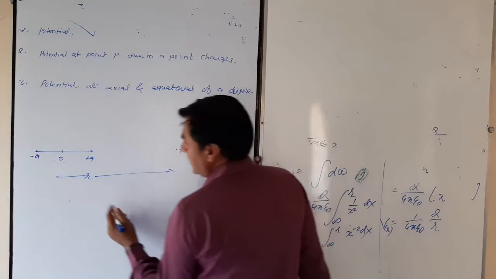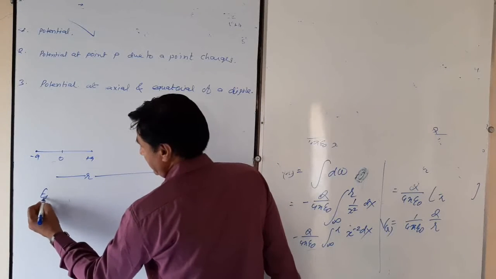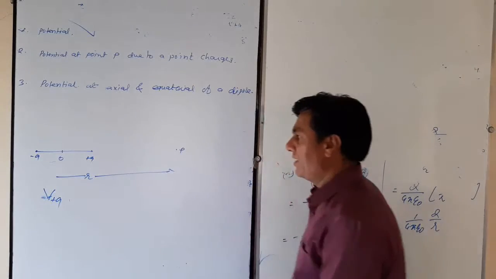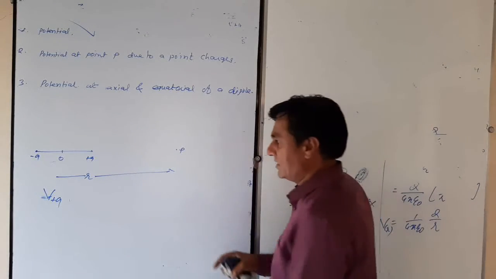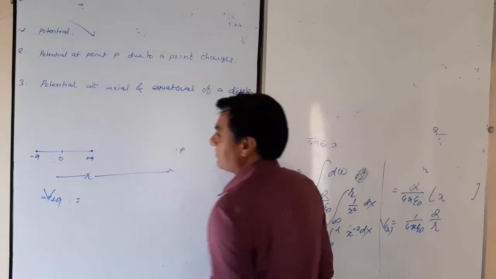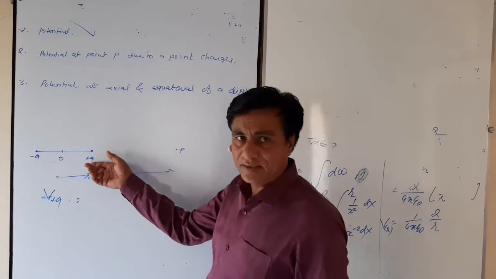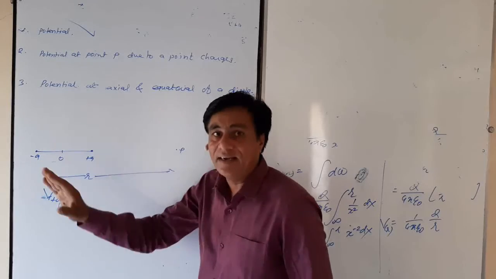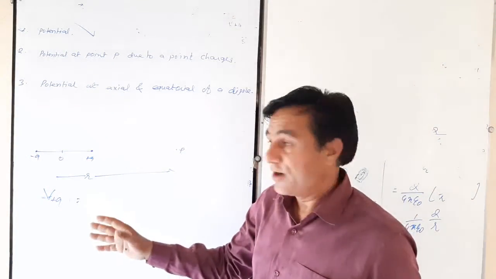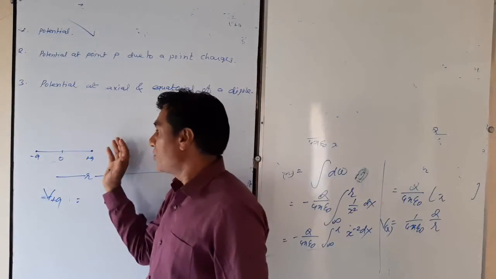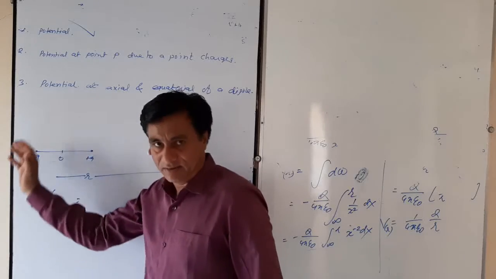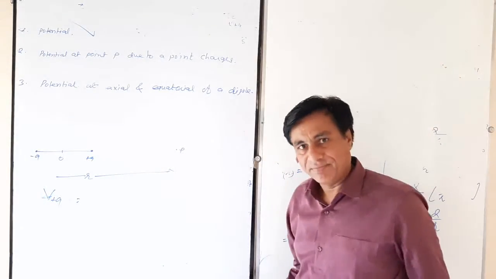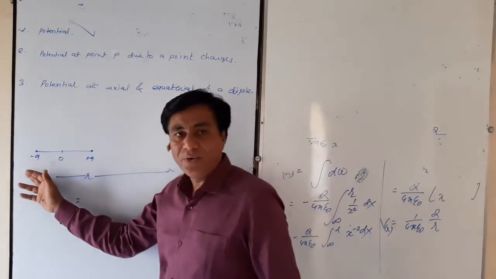Now electric potential V at point P due to plus charge. See, plus Q and minus Q are separately taken as point charges. Now for the entire dipole we can sum the potential due to plus q and due to minus q.